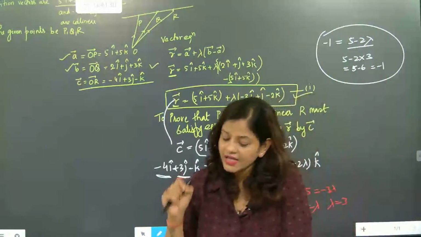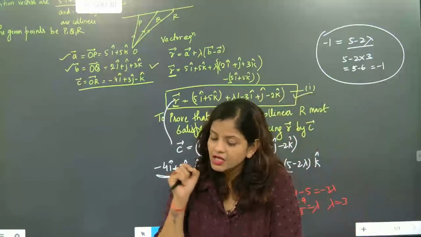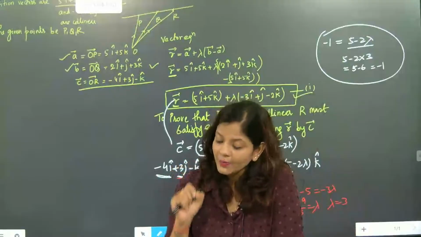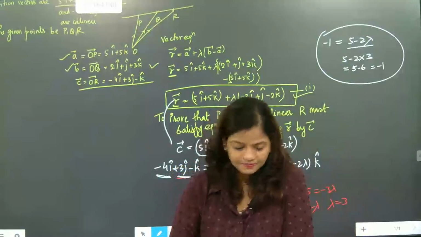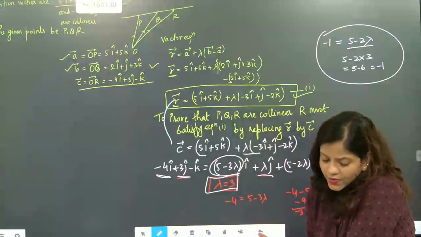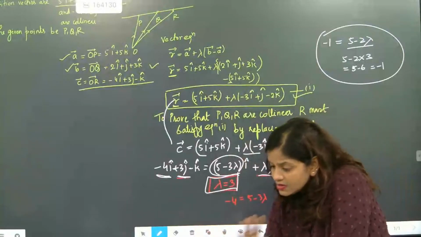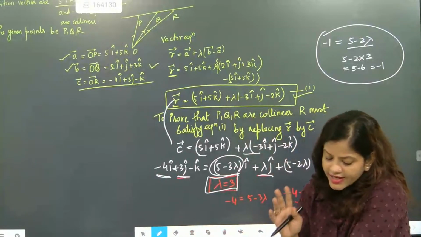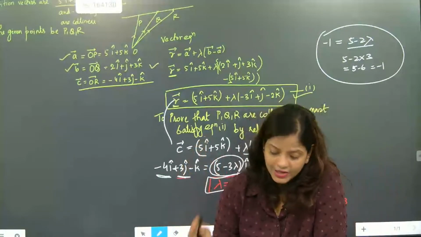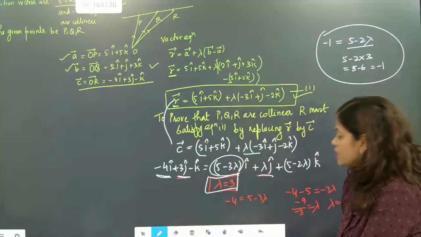And this is a case where lambda is a constant. So when the vectors are parallel, then only the lambda value will remain the same. So the three equations are consistent. All the three equations are considered consistent because all the three gave the same value of lambda, so they are collinear.